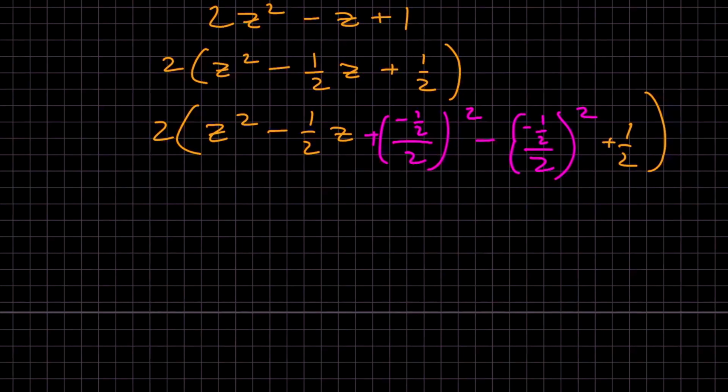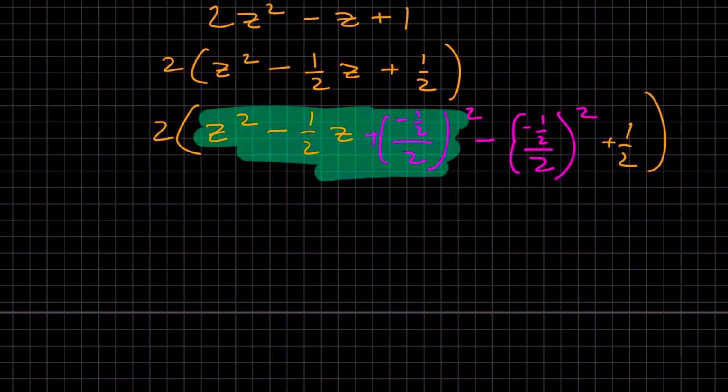Looking at this part of our equation, we know that this can be factorized into z minus 1 over 4 squared. So z minus 1 over 4 squared. So this can be rewritten as negative 1 over 4, and that is all squared.